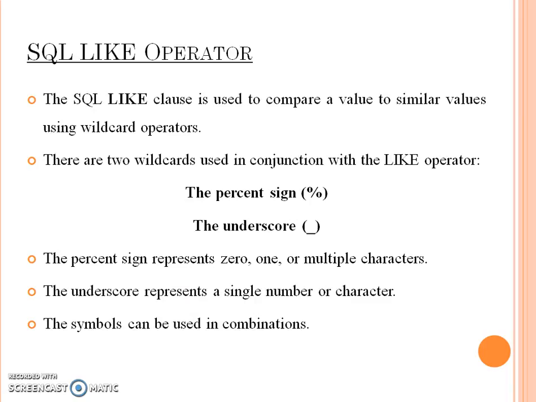You can just consider that a specific comparison of a single character is made using underscore, and if you have to make a multiple comparison or no other comparison, that can be made using percentage. These symbols, percentage and underscore, can also be used in combination depending upon the user's required output.